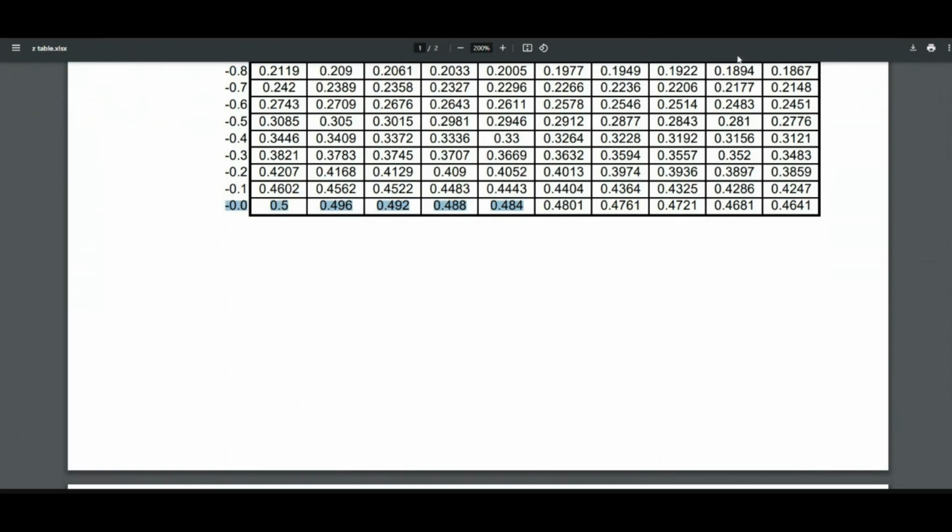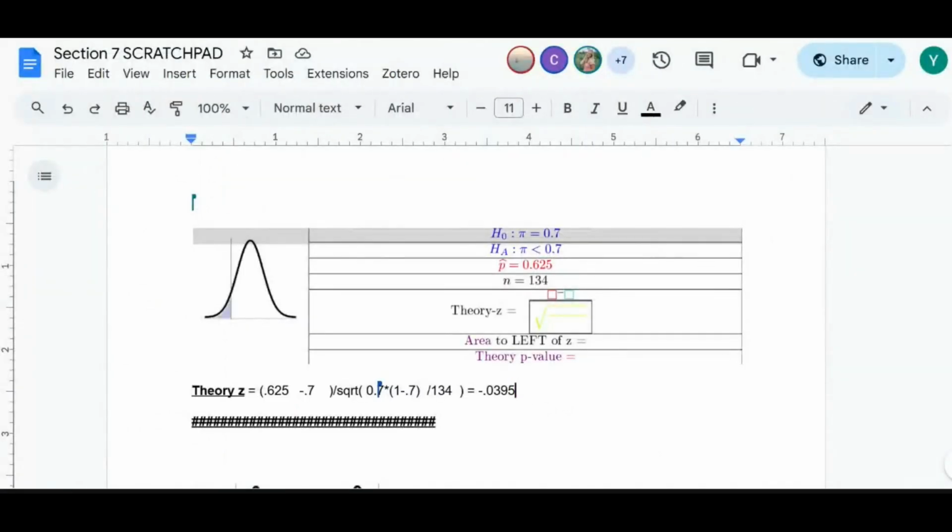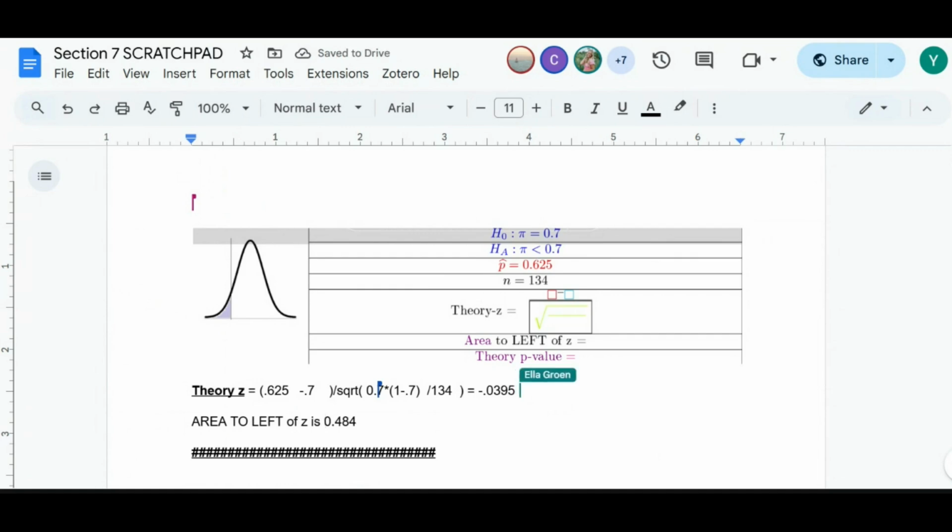So the area to the left of Z is 0.44. Now here comes the hard part. Is this the p-value in this case? It is, because it so happens that this is the area I want. It coincides.